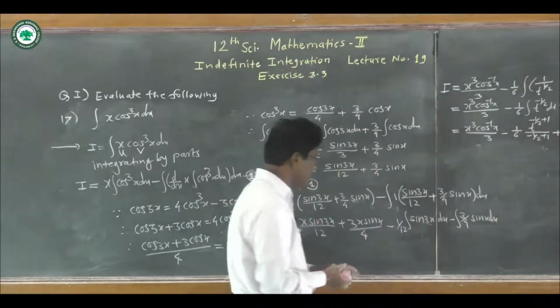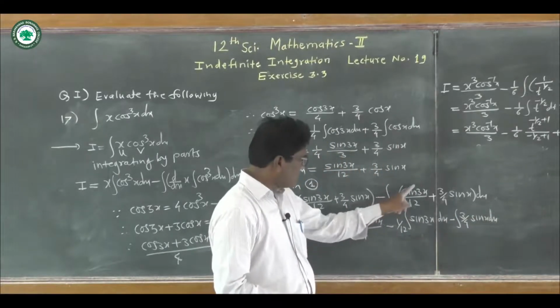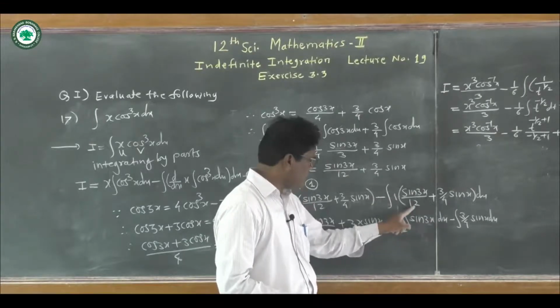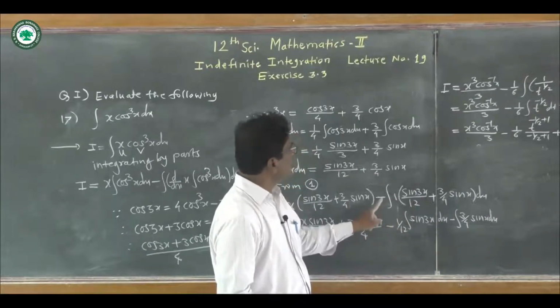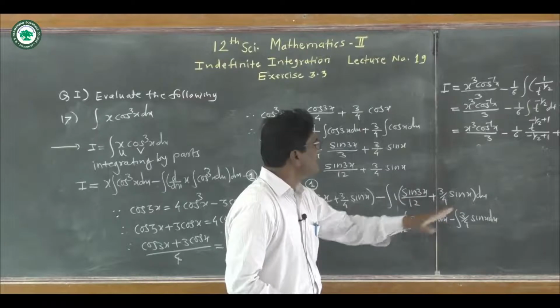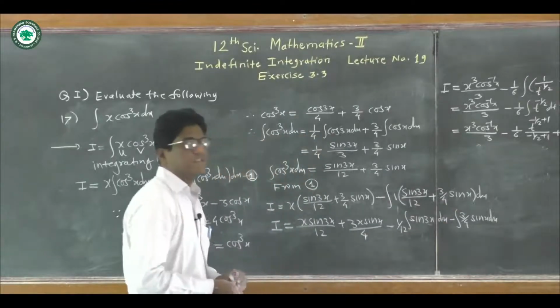We separate the integration: minus integration of sine of 3x dx, with the 12 constant outside the integral, and minus integration of 3 by 4 sine x dx.